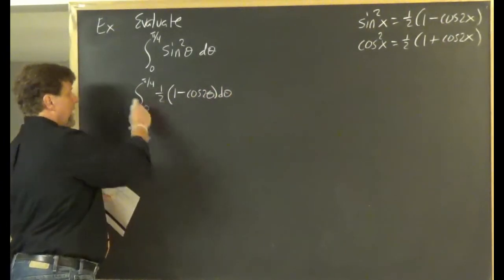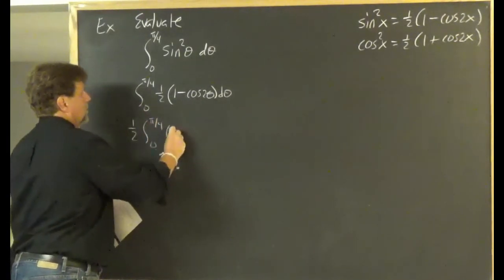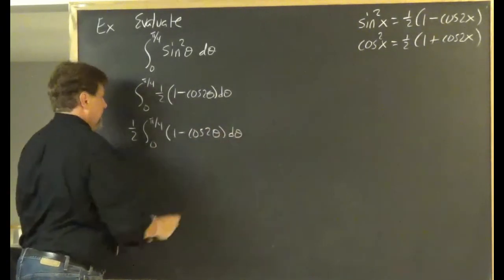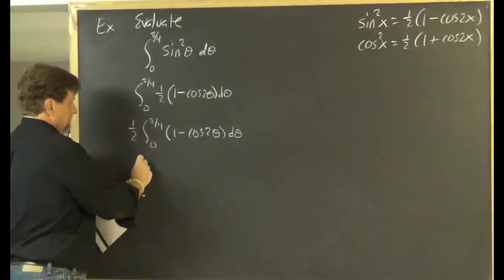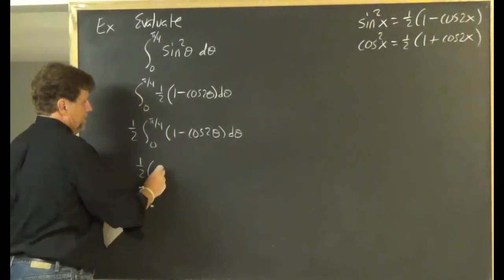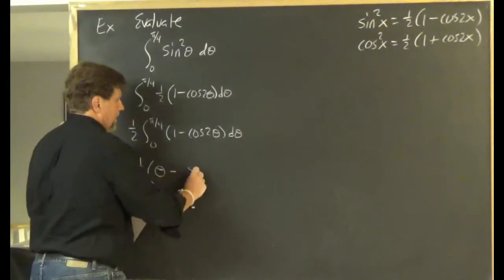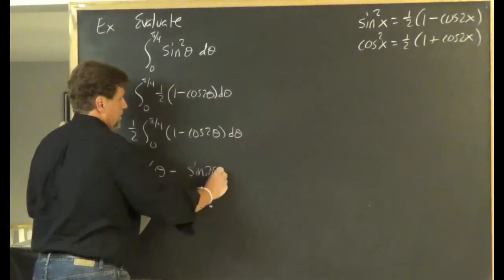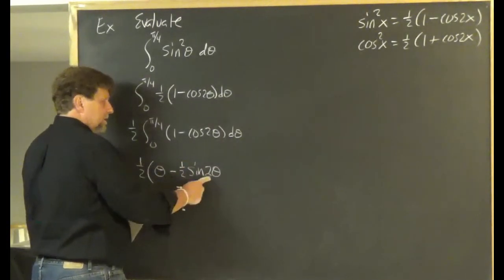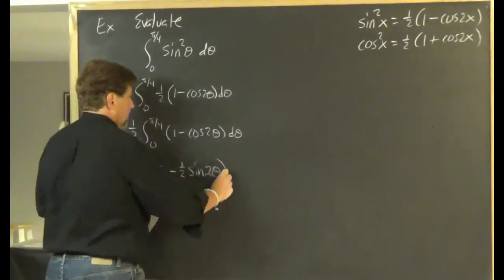And then I could take the 1/2 and rip it out front. And I should be able to get the antiderivative in one step. The antiderivative of 1, well, that's theta. Antiderivative of cosine is sine. And I have to put a little multiplier of 1/2 in there to neutralize the 2 when we do the chain rule to check it.